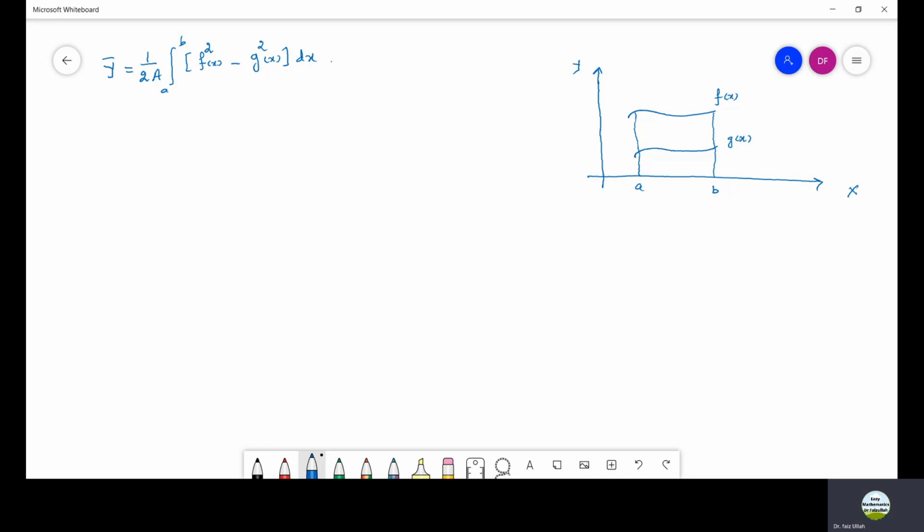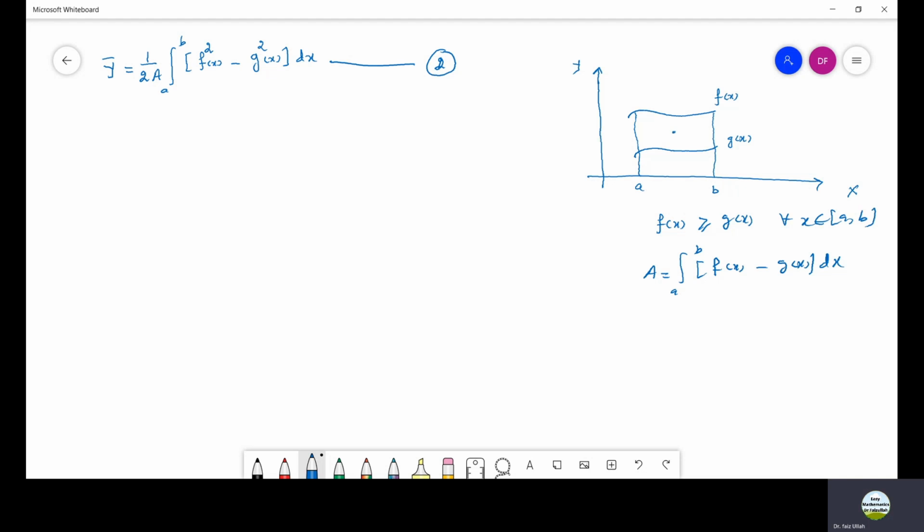Now let us find the y coordinate of the center of mass. Consider the same two functions, f of x greater than g of x for all x belonging to [a, b]. And now the area between these two curves from a to b is given by this formula into dx.